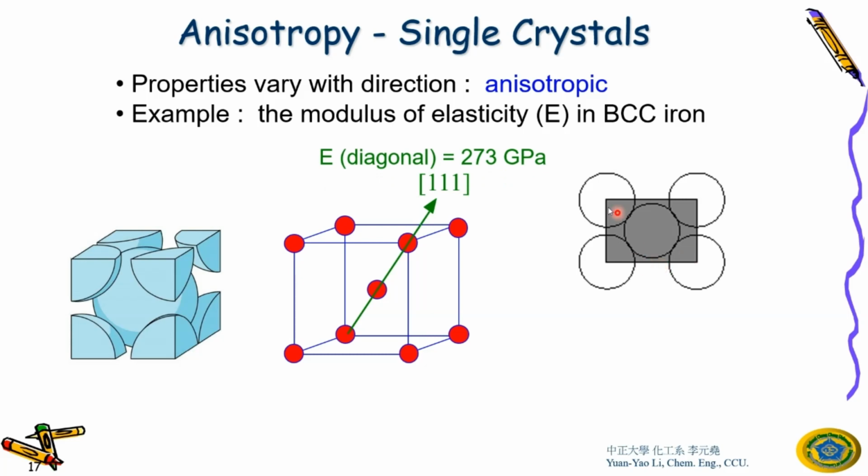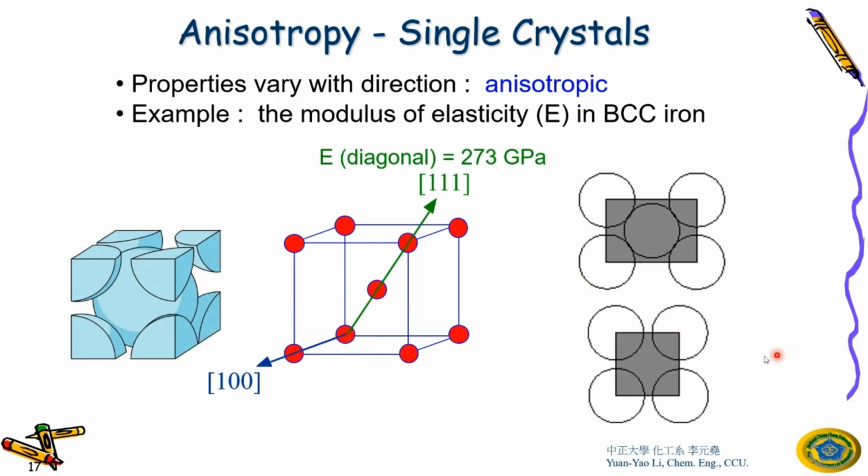The modulus of elasticity is about 273 gigapascals. However, if you pull in the 100 direction, this is the 2-dimensional appearance of this direction. You pull this way or this way, and you get a different number. Why?